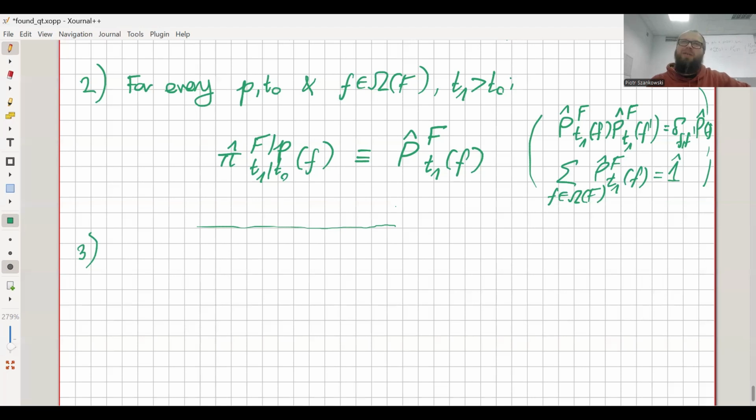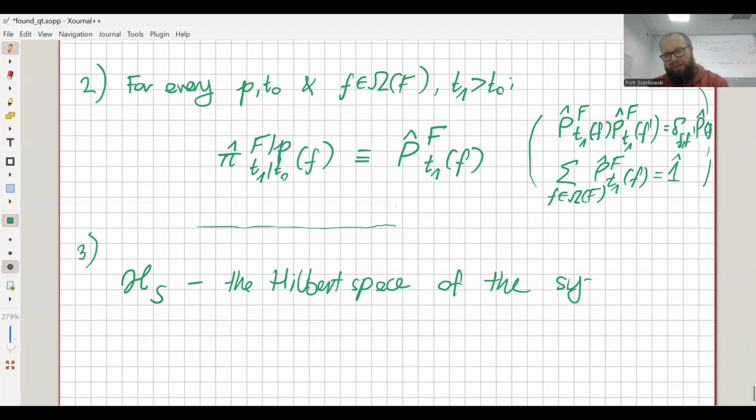That would be our conclusion. So we can now say that we have HS, the Hilbert space of the system. So this would be an intrinsic property of the system we are measuring.